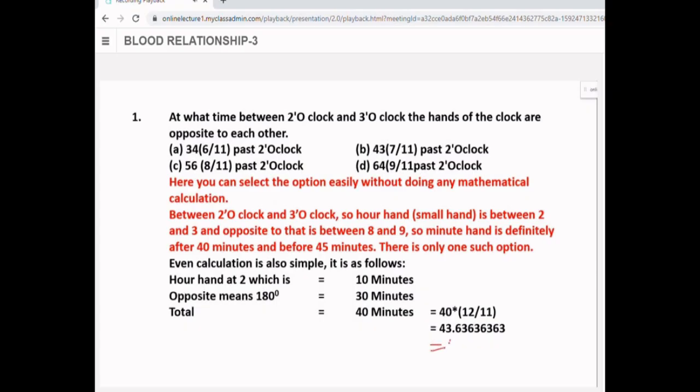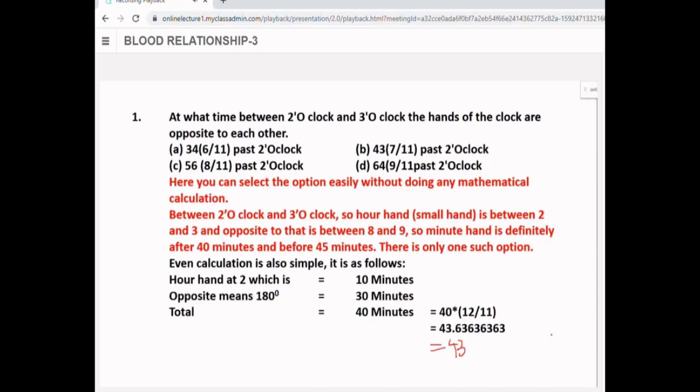So here it is equal to 43. Now, what is the number after the decimal point which is repeating? Which number is repeating? 63 is repeating.